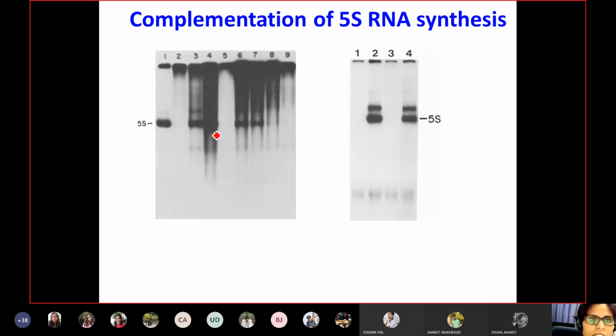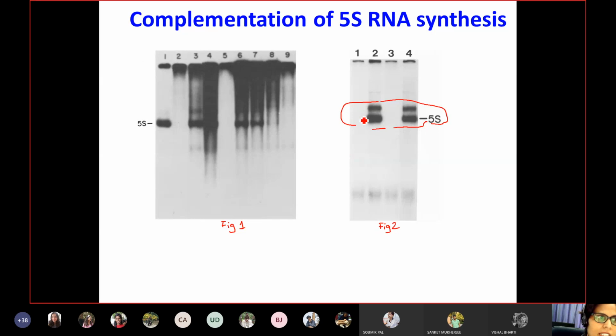And before that, it is important to note one kind of difference that you see between figure 1 and figure 2: the degree of selectivity of 5S RNA gene synthesis.